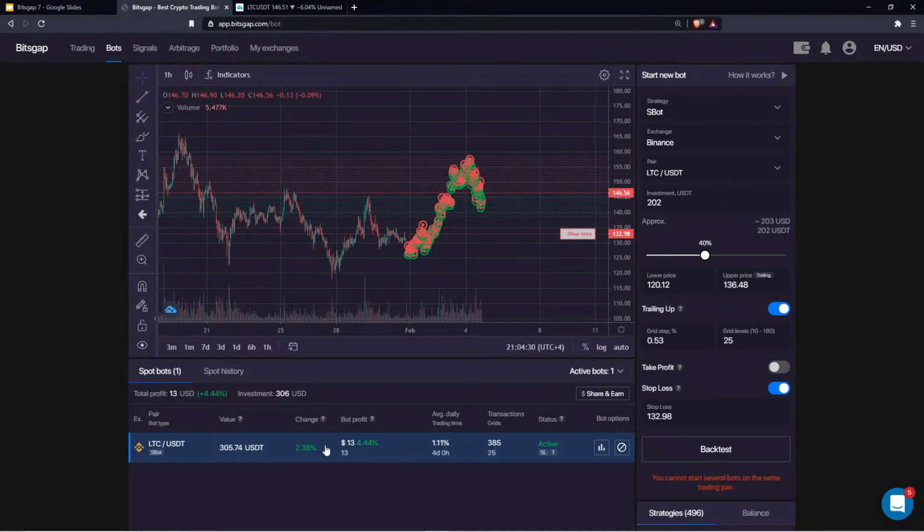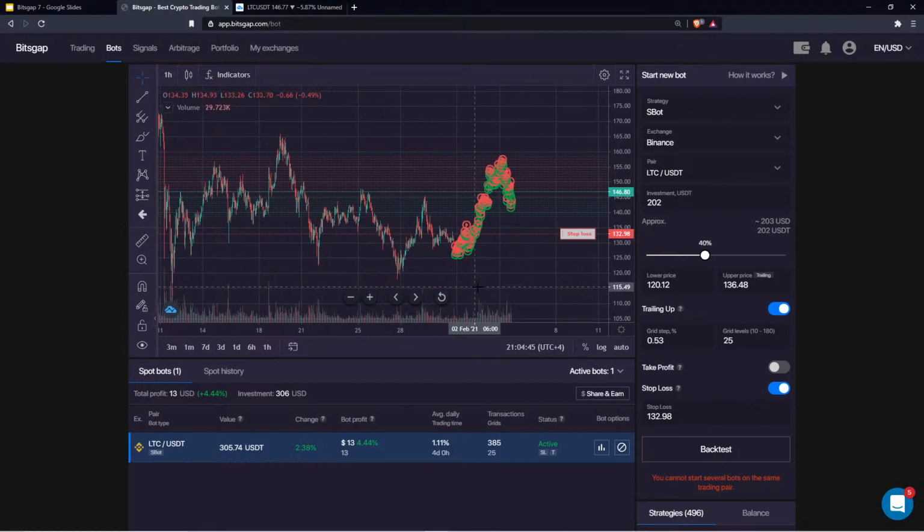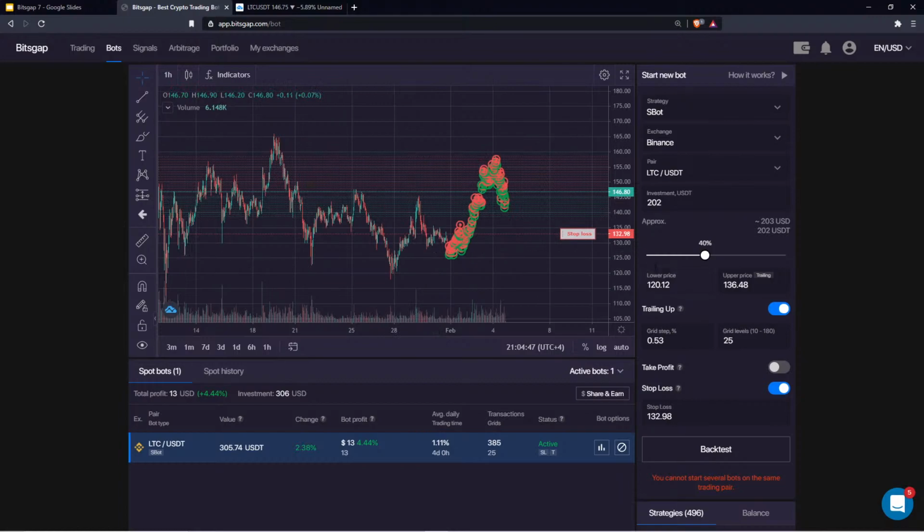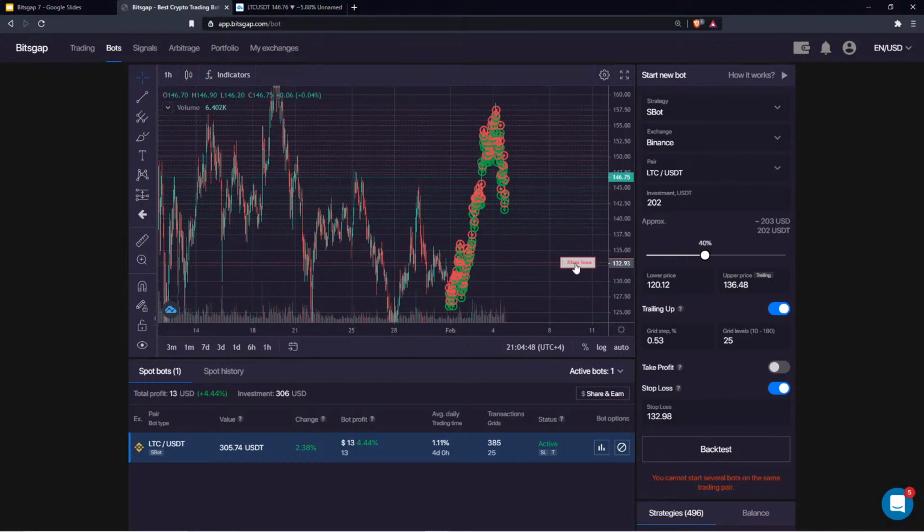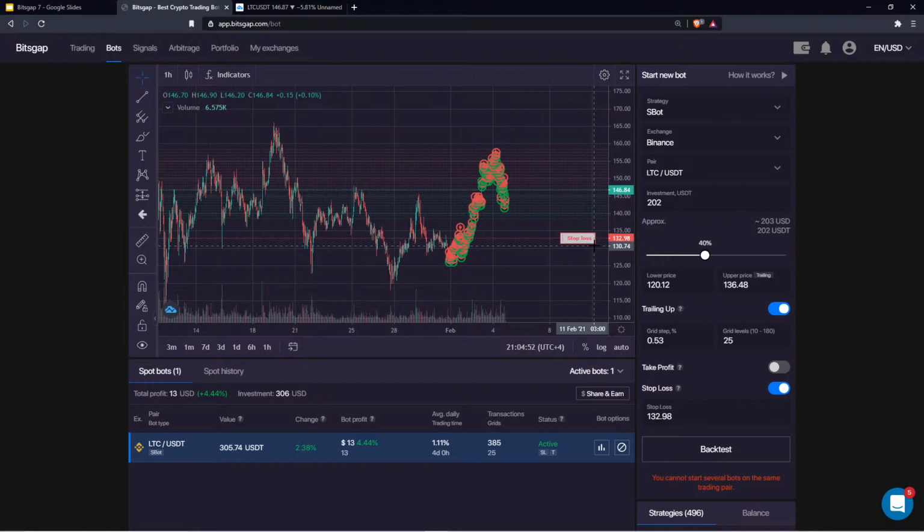And that's my current result so far. So for 4 days, it has already made 4% to my initial investment, which is a pretty decent return that you can get just for 4 days, apparently. Initially, my stop loss was below the support line, and now you see that I dragged it to that point. So that's the way of how you can trade, okay?